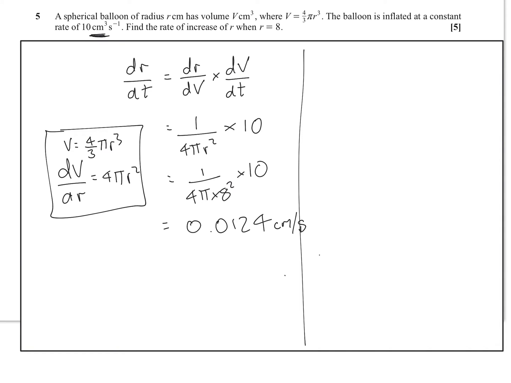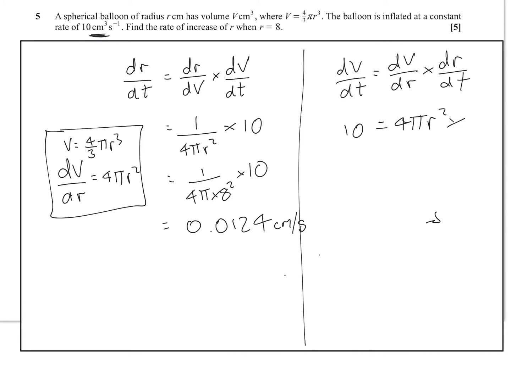Centimeters per second. Okay. Now, the way the mark scheme did it is they said actually they don't like this 1 over thing, so they said dv by dt equals dv by dr times dr by dt. dv by dt, that I know is 10. dv by dr, that I know is 4 pi r squared.